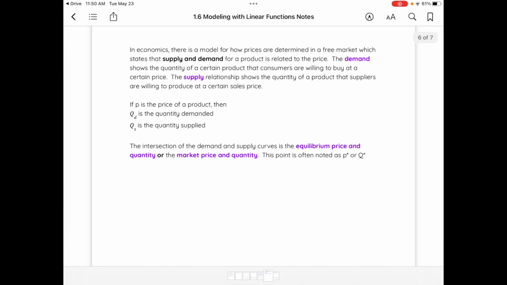The supply relationship shows the quantity of a product that suppliers are willing to produce at a certain sales price. If P is the price of a product, then Q sub D is the quantity demanded and Q sub S is the quantity supplied.